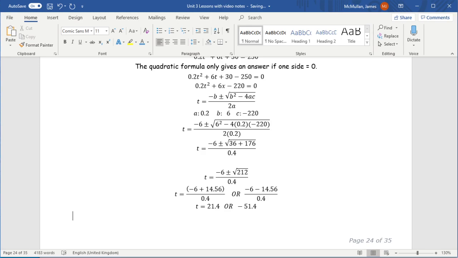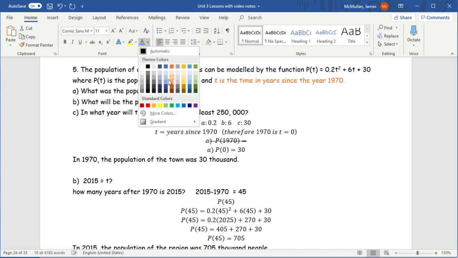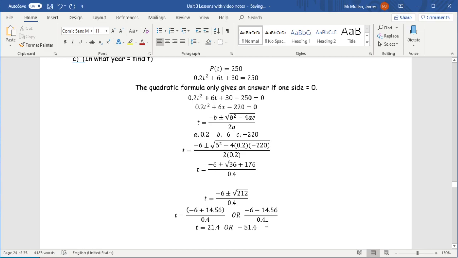Now, in these questions, notice that it says t is the number of years since 1970. So when we say t is negative 51.4, that would be before 1970. That would be like in 1919, right? And that obviously is not an answer that makes sense in this picture.